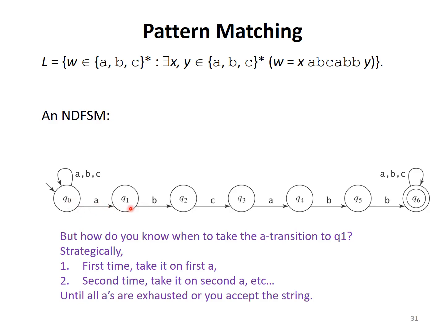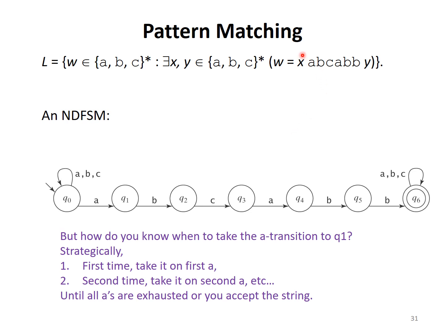From Q1 reading B, reach Q2; from Q2 reading C, reach Q3; from Q3 reading A, reach Q4; from Q4 reading B and so on, reach the final state, then it will accept.